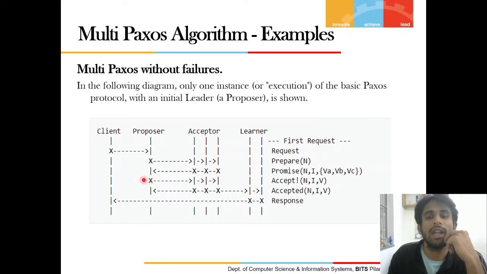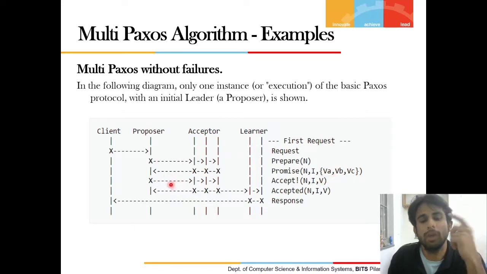In the accept message, it will send the current instance number, the proposal ID, and the value which the leader wants to propose. Here the value V is the value associated with the maximum proposal ID which we receive in the promise message.